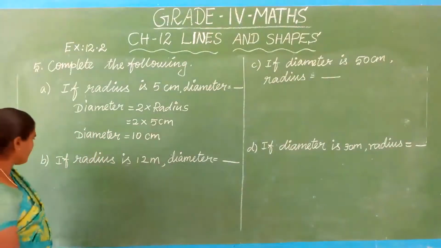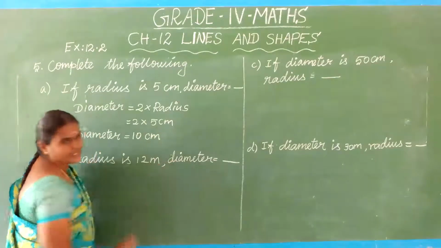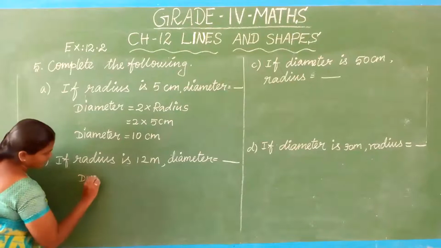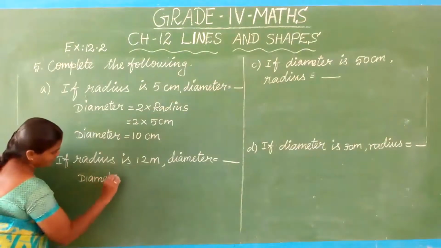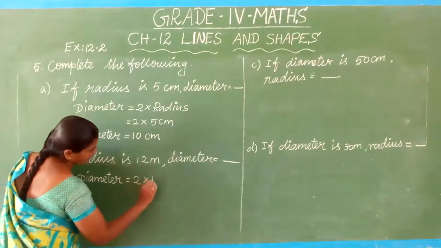Next question, B. If radius is 12 meter, find the diameter. They are asking diameter. So diameter formula, diameter equal to 2 into radius.